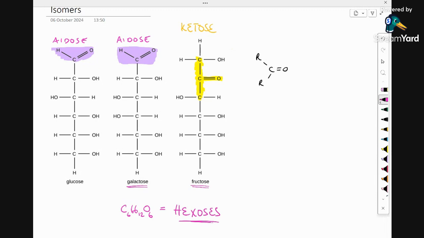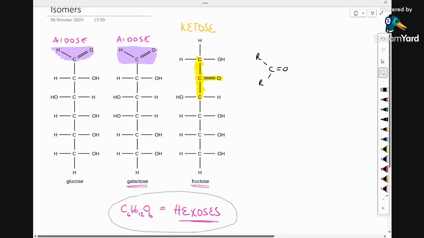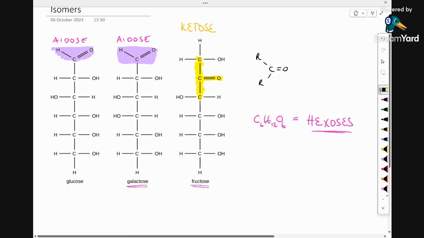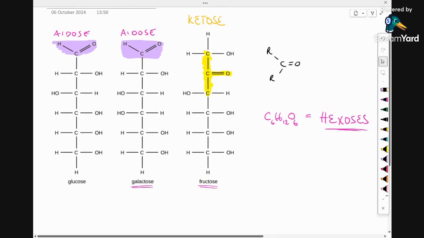You do need to be aware of the type of isomer that they are. So I'm just going to move this out of the way, so I can do this at the bottom of the screen. Hopefully, you can appreciate that the difference between glucose and galactose is on one of the carbons only, and it's just where the particular group in question lies.